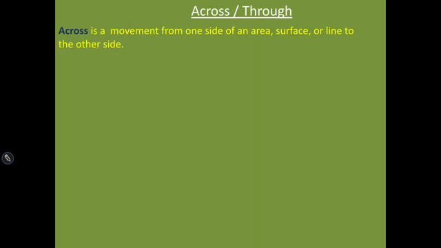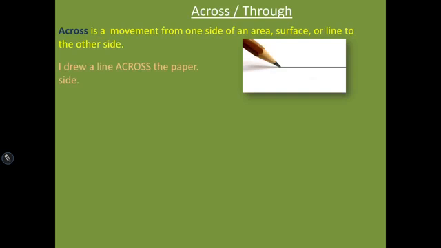For example, if I say that she walked across the road, it means that she has to go from one side of the road to the other. Here is an example. I drew a line across the paper. Why across here? Because I have drawn a line from one end of the page to the other.